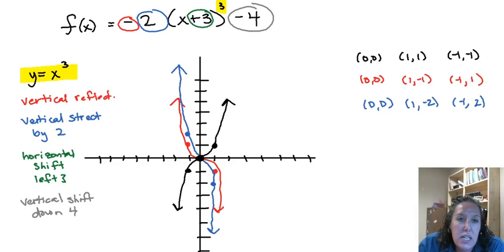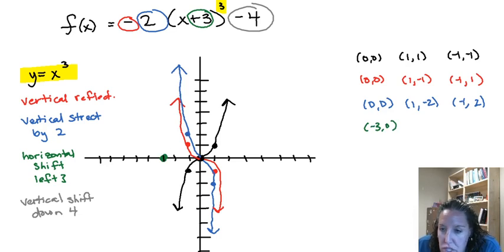All right, our next transformation is this horizontal shift. This is an x horizontal change, so it is going to change our x value. We are going to go to the left 3, so the point at the origin is going to move 1, 2, 3 units to the left and move to the point (-3, 0).